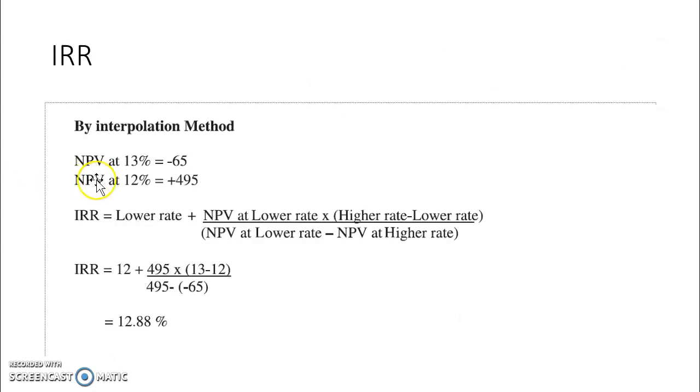By the interpolation method, NPV at 13% is minus 65 and NPV at 12% is plus 495. Substituting, the IRR is 12% plus the NPV at the lower rate times the higher rate minus the lower rate, divided by the NPV at the lower rate minus the NPV at the higher rate. So your IRR is 12.88%. This is how you find the internal rate of return.